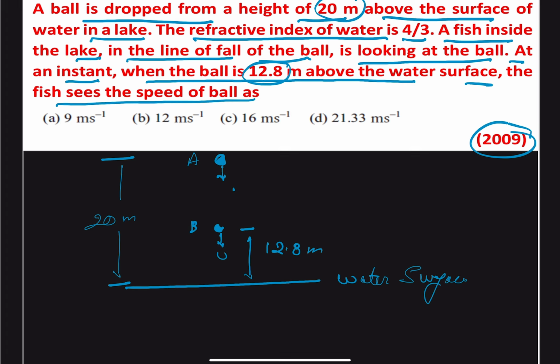So first of all, we are going to find out the velocity of the ball at this particular point B. And for that, we are going to use the basic equation, which is v square minus u square is equal to 2as.